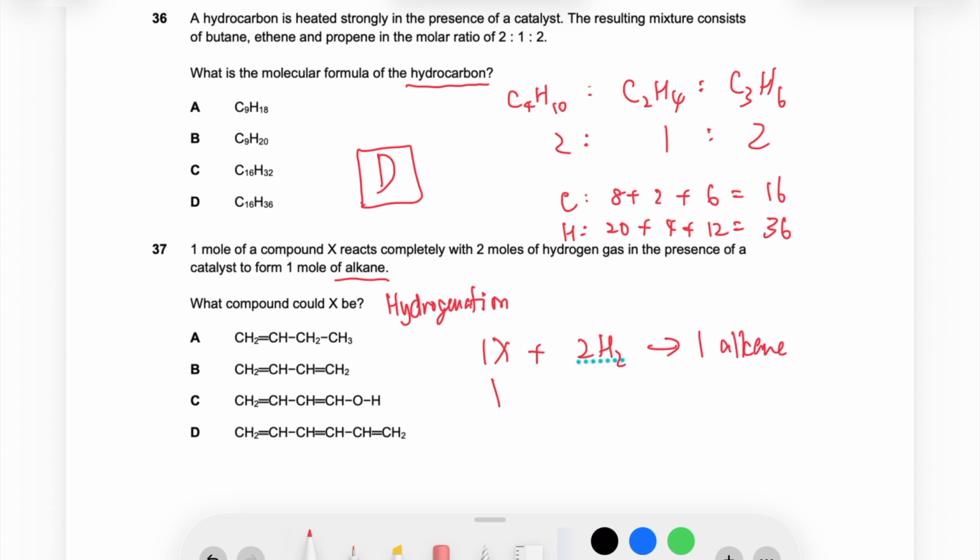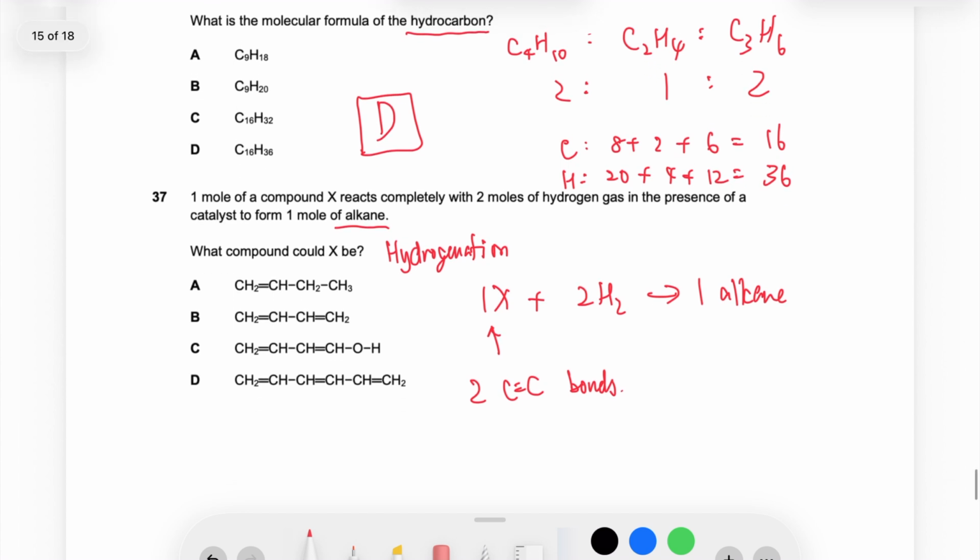So inside X you must have 2 C=C double bonds. That's the reason why 2 moles of hydrogen gas can go in. And it must be an alkene definitely. So let's look at the options. You must have 2 C=C double bonds. This has 3, definitely out. This only has 1, so it's out. So it's either this or this. It must be an alkene, so you cannot have this one. So the answer is B.